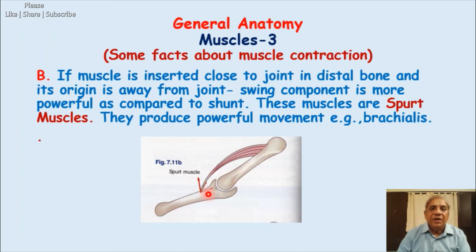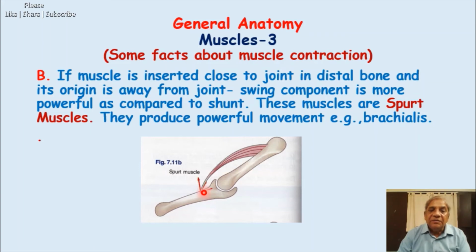And when this muscle contracts, these two forces, the swing and the shunt, are there, see this is the swing component and this is the shunt component, because of this force of the contraction of the muscle. But since the tendon is very close to the joint, whereas in the previous case the tendon was in the middle of the distal bone, here the tendon is attached very close to the joint on which this muscle is going to act.